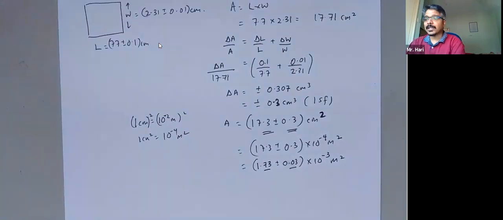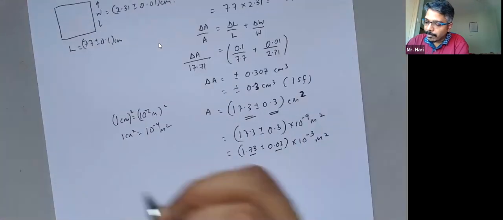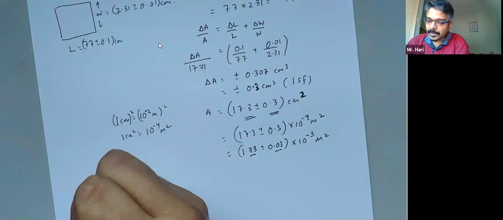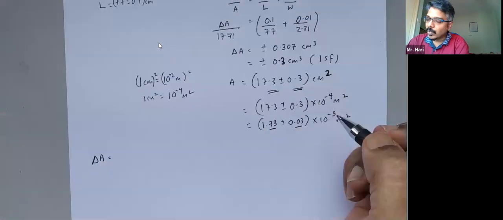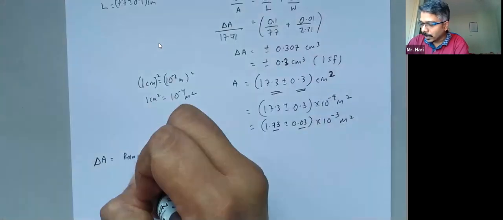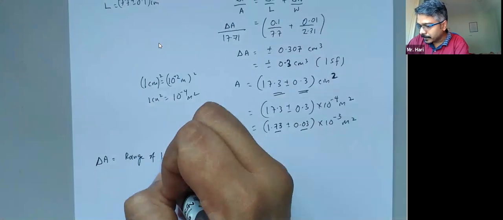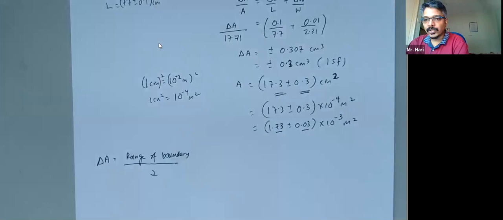Okay, what is the other method without using this particular method? We can straight away find the absolute uncertainty for A by using what is known as the range of boundary, divided by 2. So what is the meaning of range of boundary?